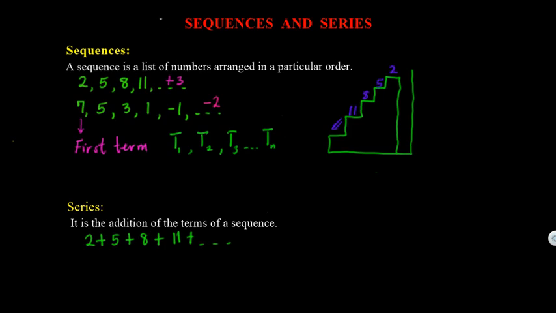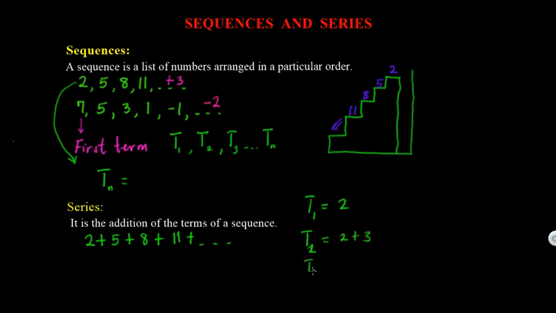Now to determine the nth term of a sequence, let's say Tn, we want to get the nth term of this sequence. We realize that the first term is 2, right? The first term is 2. So the second term is derived by adding 3 to the first term, that's 2 plus 3.